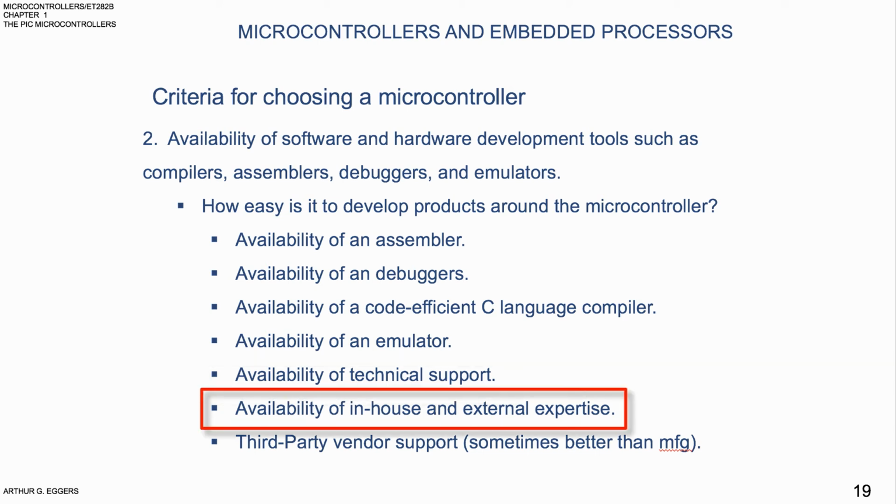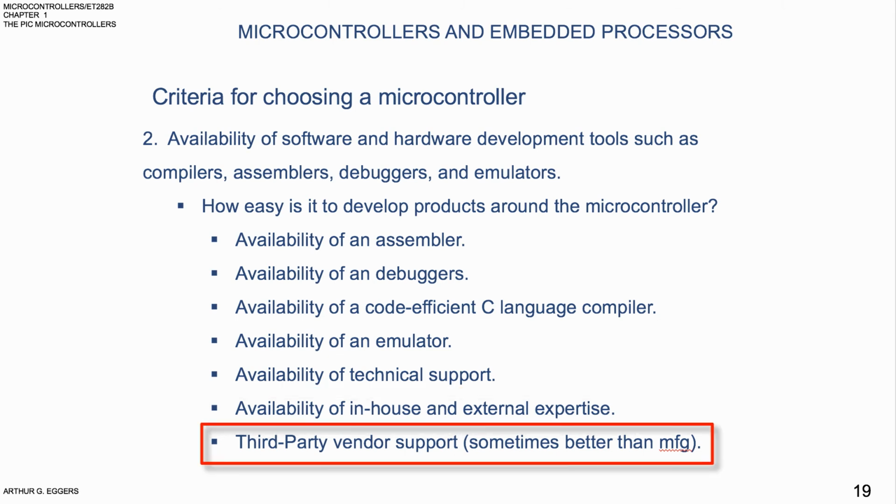The availability of in-house and external expertise. How many folks do you have on hand that understand writing the code and dealing with the hardware issues associated with your microcontroller or your potential microcontroller? How many folks in-house and how many folks can you call on outside? Do you have a contractor? Is there a sub? How are you going to handle that? And then third-party vendor support is sometimes better than the manufacturer.